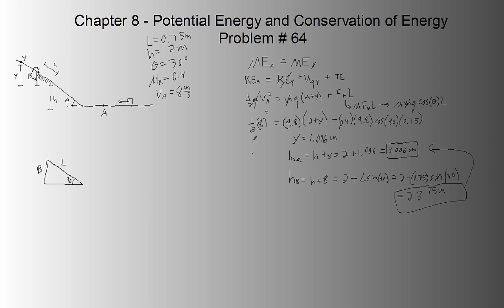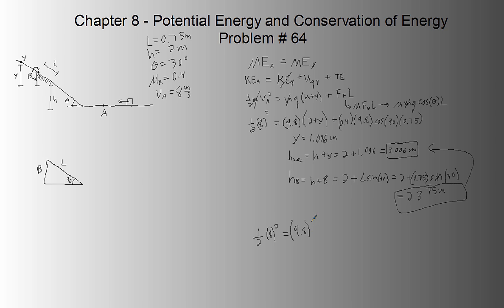So I'm just going to start rewriting it from here. I'm going to plug in. So we got 1/2 times 8, because it still has the same speed at A. Nothing's changed about that. And that's the only energy there, so nothing's changed about this being by itself. That's going to equal 9.8.